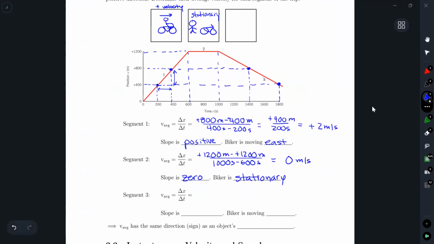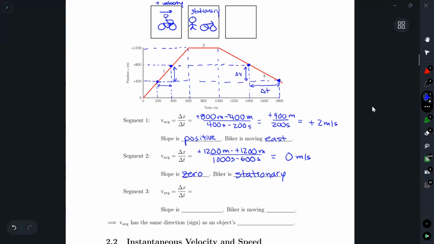And so we chose a couple points to calculate the average velocity from. That's the slope between those 2 points. So I'm comparing these 2 points right here. So I need this displacement and this time interval. All right, what's my displacement?